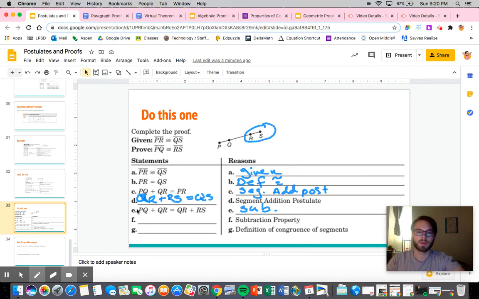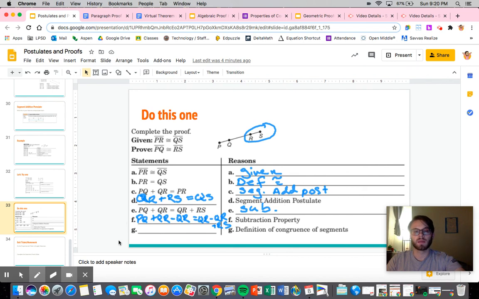When we're subtracting, we're going to subtract the QR from both sides. I've run out of room. Okay, so we're just subtracting QR from both sides. And then finally, what are we left with?